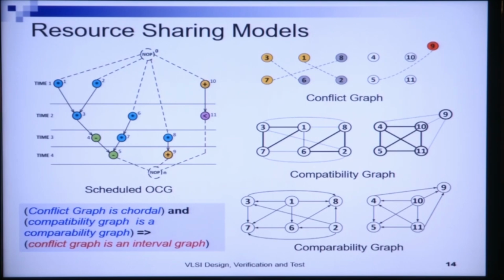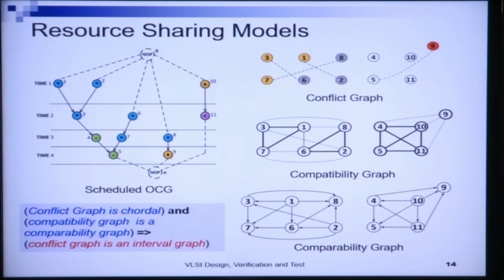But why are we studying these graphs? By studying the chordal graphs and the comparability graphs, we can find out whether a graph is an interval graph or not. If my conflict graph is a chordal graph and the compatibility graph is a comparability graph, then the conflict graph is an interval graph.